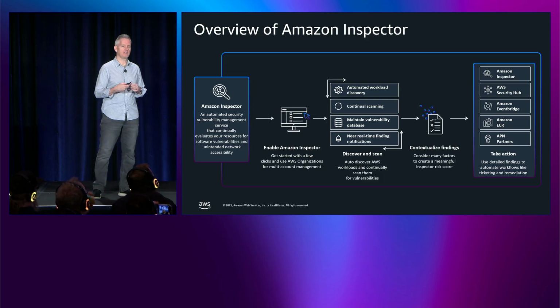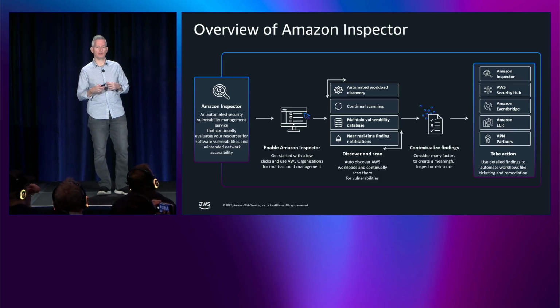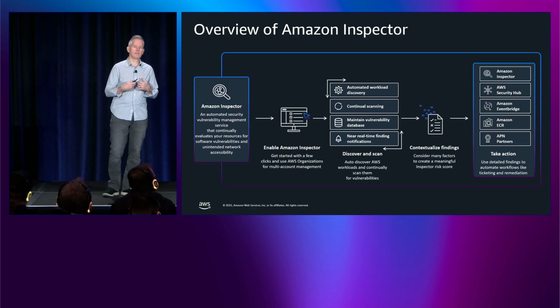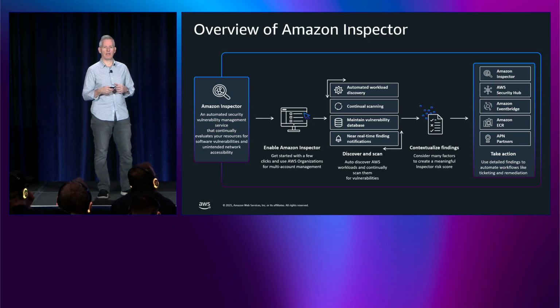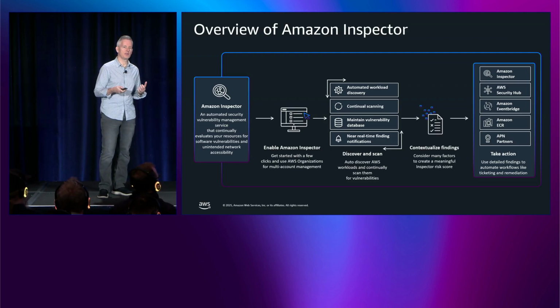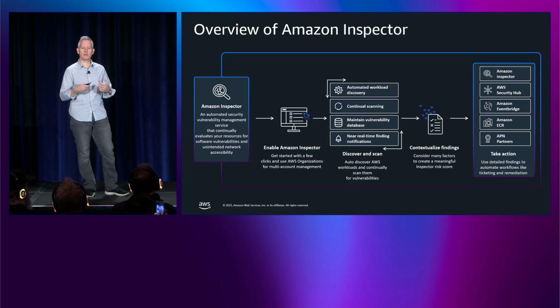Third phase is looking at your findings. Inspector will contextualize your findings so that you can prioritize what's important. Severity is not the only critical thing. Some of your resources are exposed to the internet, some of them are not. Some of them have vulnerabilities that can be exploited, some of them don't.